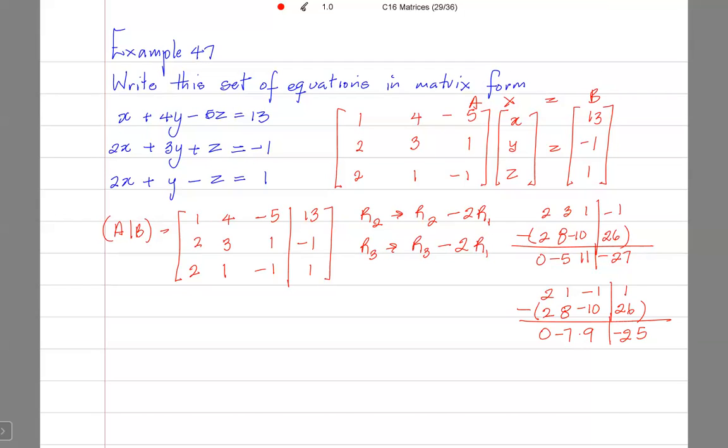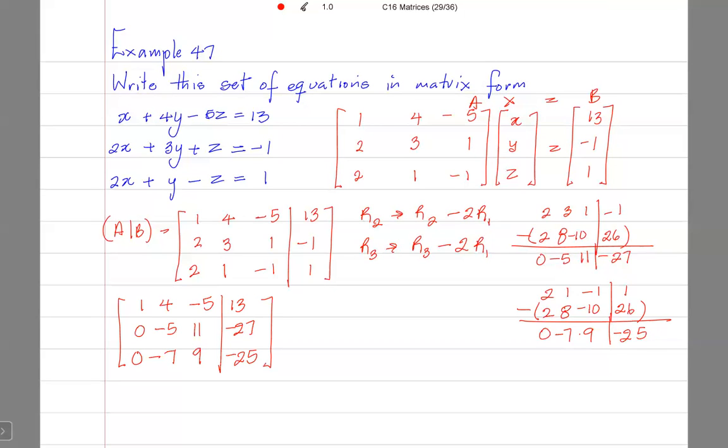All right. And so my new situation is row 1: 1, 4, minus 5, 13; row 2: 0, minus 5, 11, minus 27; and row 3: 0, minus 7, 9, minus 25.